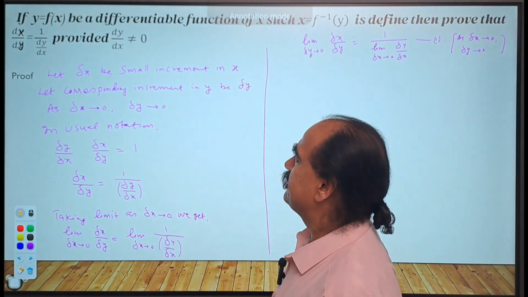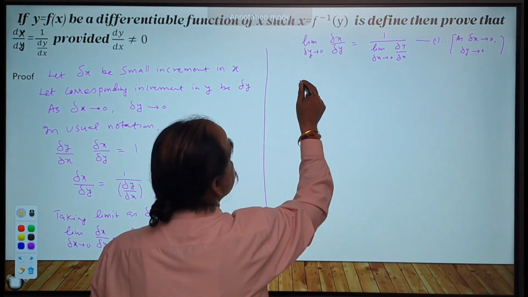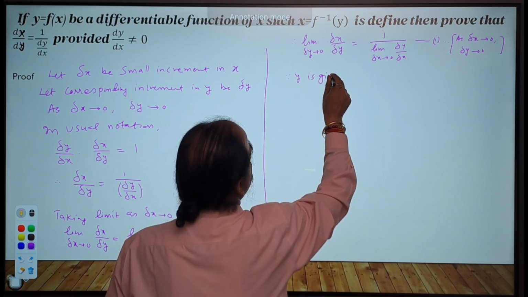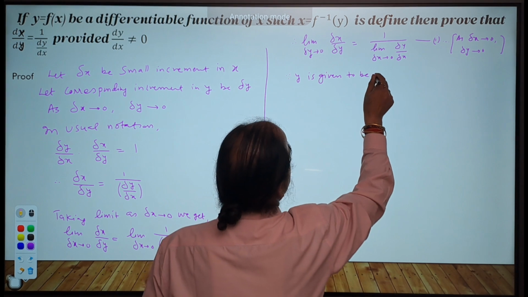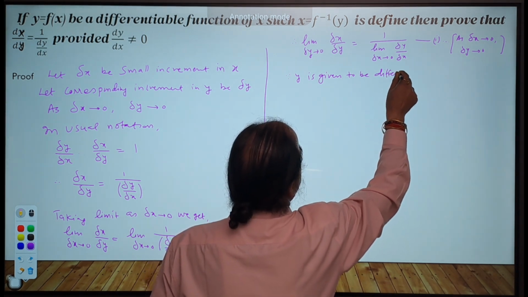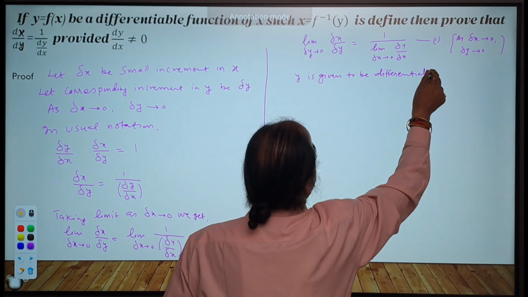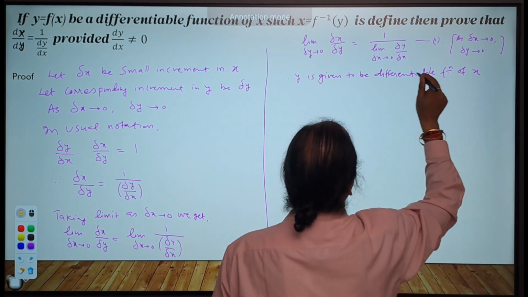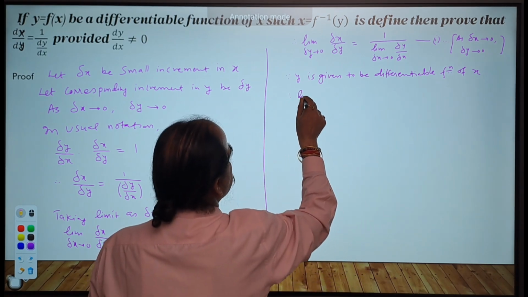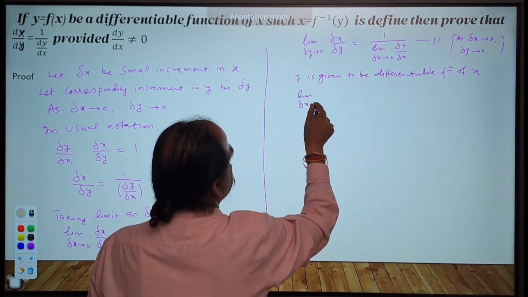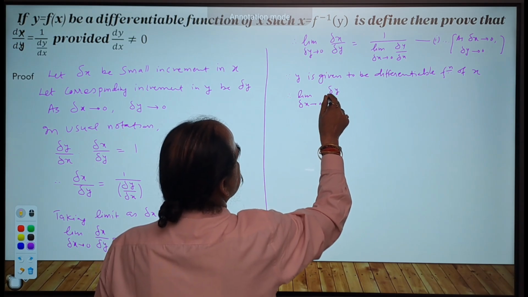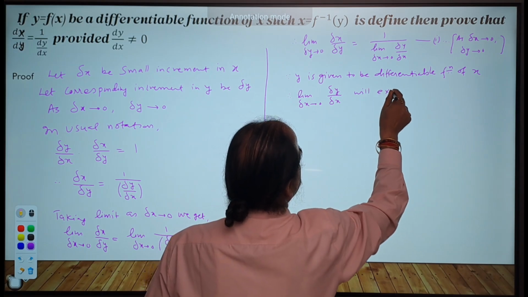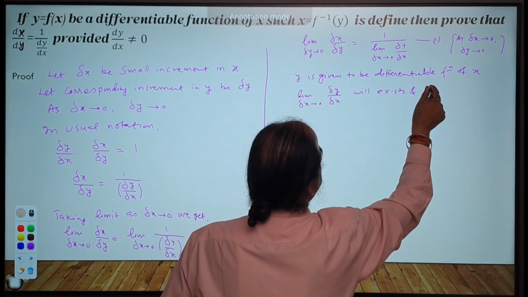Since y is given to be a differentiable function of x, therefore limit delta x tends to 0, delta y by delta x will exist and finite.